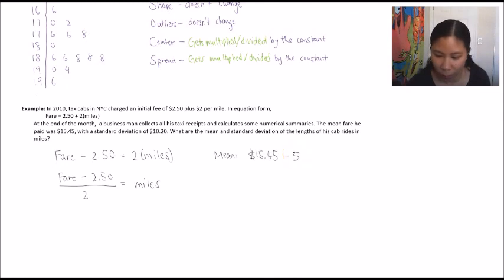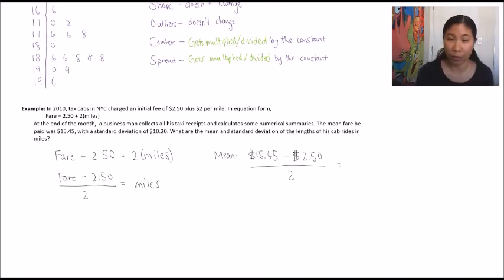Then we divide by 2 to get our new mean, because our transformation involved subtracting and dividing. When you do that, you end up with 6.475 miles, because now we're in terms of miles after transforming like that.